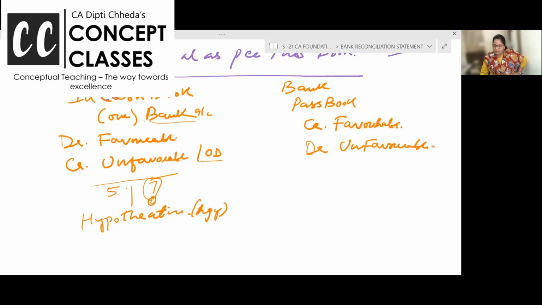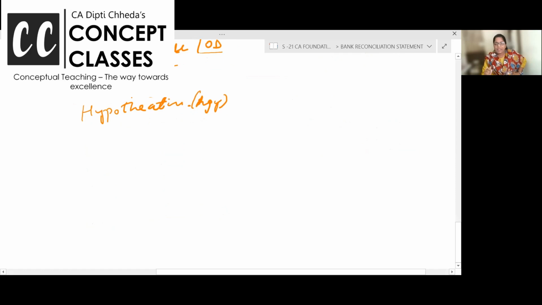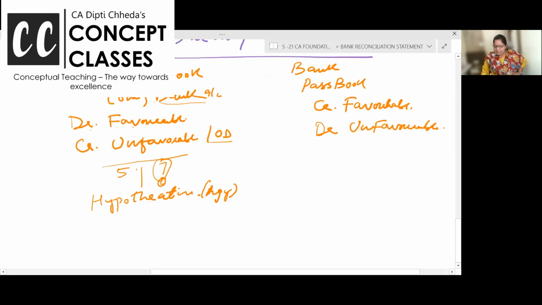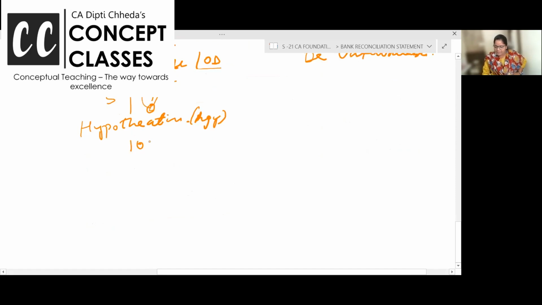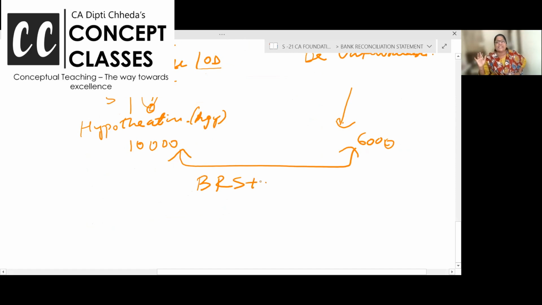So now what happens? What are the major reasons? When I'm trying to reconcile the balance, I'm saying in my book the bank balance is 10,000. In the bank book, our balance is 6,000. So we are trying to check what are the reasons, on a piece of paper that is called the bank reconciliation statement. Bank reconciliation is not a part of the books of accounts.